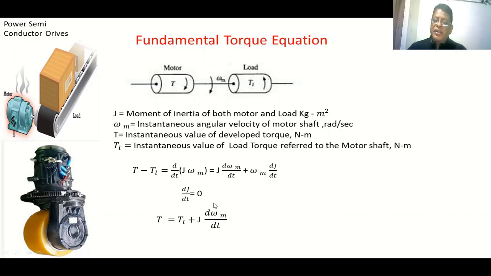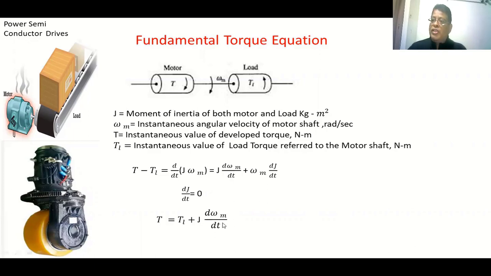This torque is present in the motor only when transients occur in the motor: at the time of starting, whenever you apply the load on the motor, and during speed reversals and braking of the system. During transient operation only, this term comes into the picture. It becomes zero once the motor reaches the steady state speed, because when the speed of the motor is constant, the derivative of the speed becomes zero.